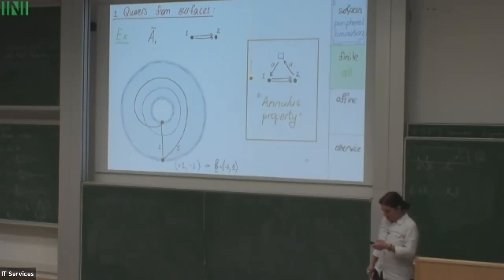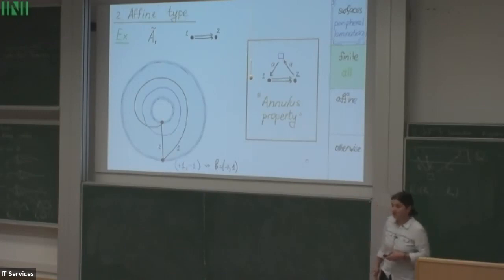Now, notice that the annulus is already something affine, so I changed the title. I mean, it seems like I'm cheating a little bit. I just changed the title, but actually I did almost all the work for affine, because it is almost everything which I will need to check.